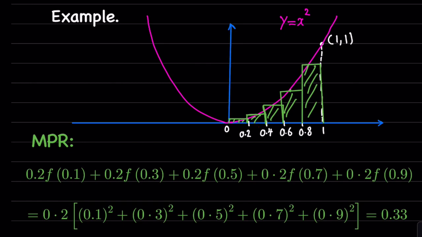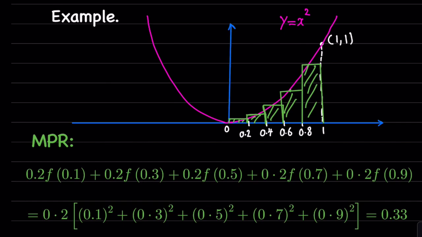So if you add up all these numbers using a calculator, it's going to be 0.33. And now in this case, if you're using the midpoint rule, it's hard to say if this is an underestimate or overestimate, but it seems to be a better estimate than the previous ones. So again, this gives us a rough idea of what the area under the graph of this function might be. So it's going to be a number close to 0.33.